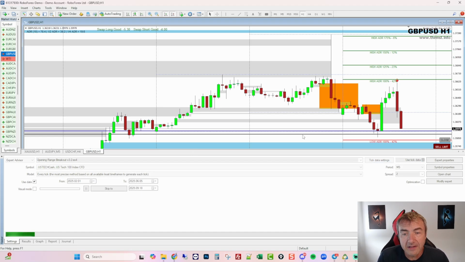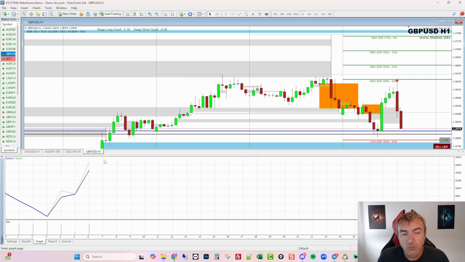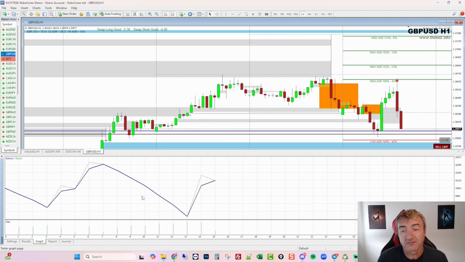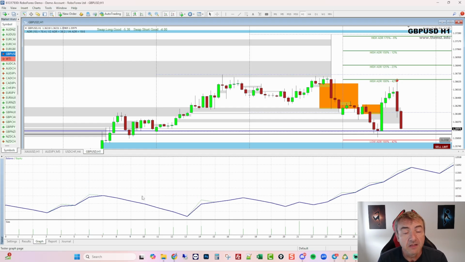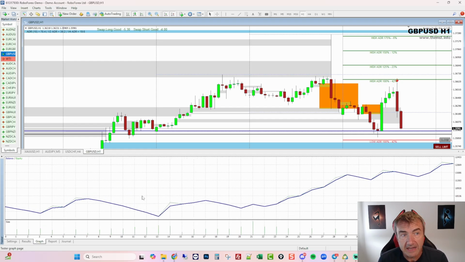But it allows you to quickly run through from any date you want to find out whether or not that strategy has an edge. And I'm going to run through about 6 months here in just a few minutes. And I'm going to discover whether or not the strategy that I've programmed into this EA has got a chance of making money. Okay, so it's very, very good at automation.